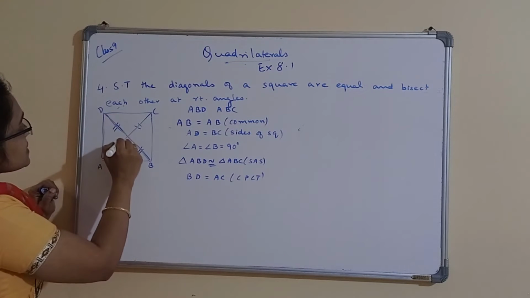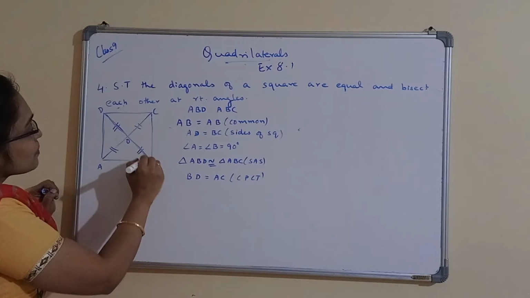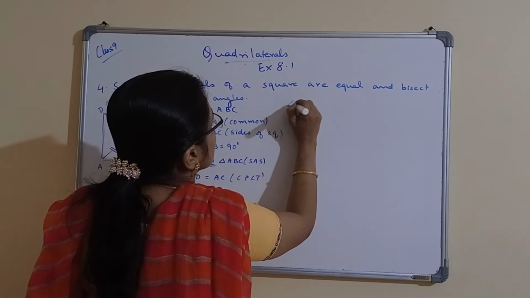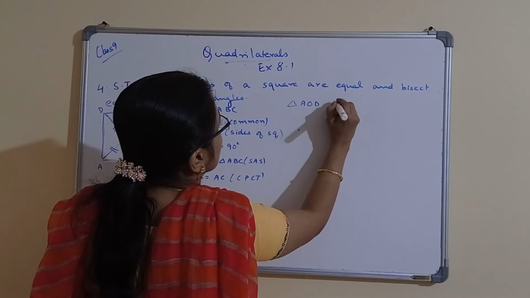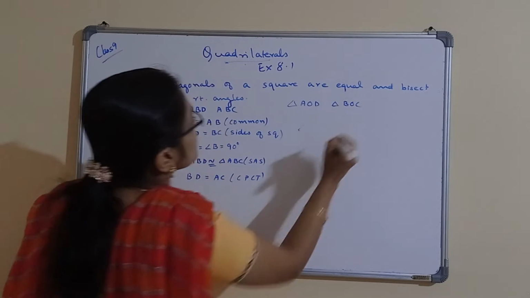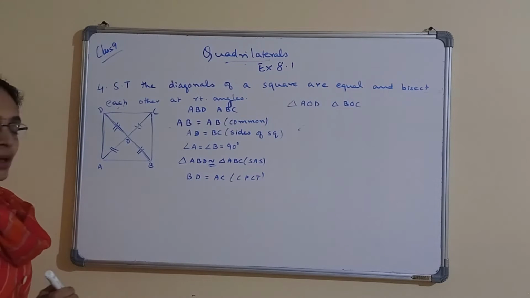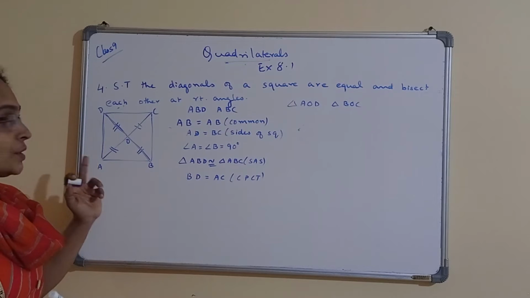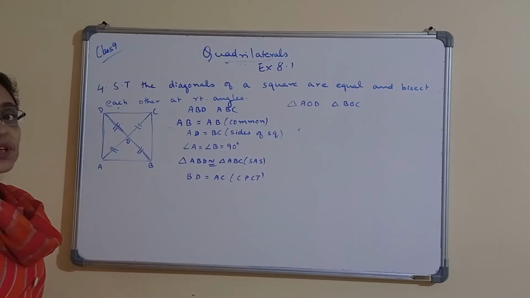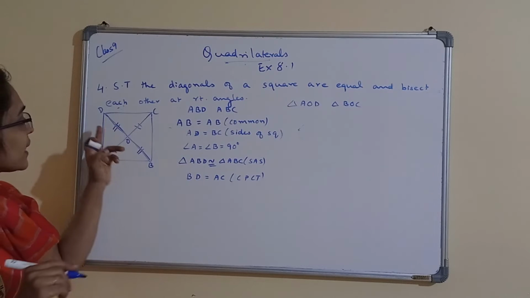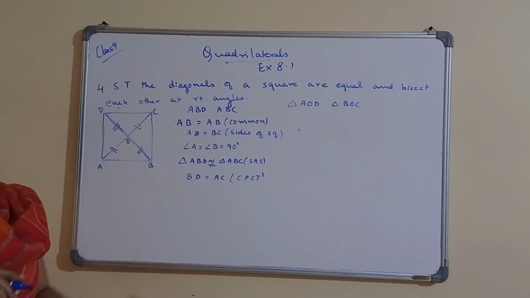So let us take these two triangles AOD and BOC. You can note this down if you want.